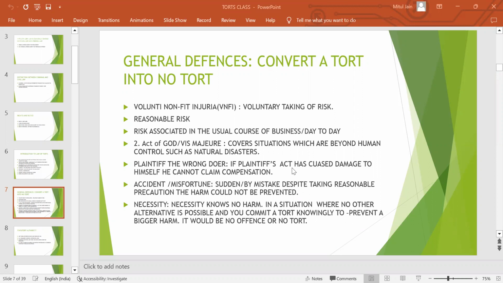This would include natural disasters such as flood, earthquake, etc. So if you suffer certain harm as a result of these situations, तो इस situation में फिर से आप compensation claim नहीं कर सकते. It would be a complete defense. Why? Because the damage that has been caused to you is because of a natural disaster. Is it clear now?